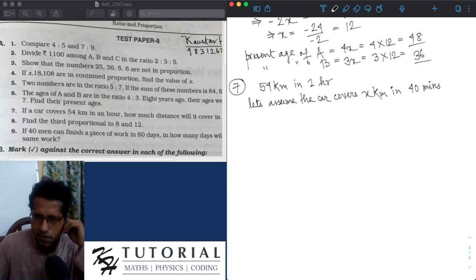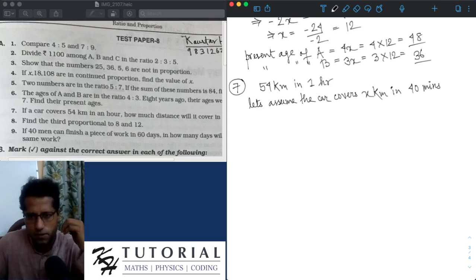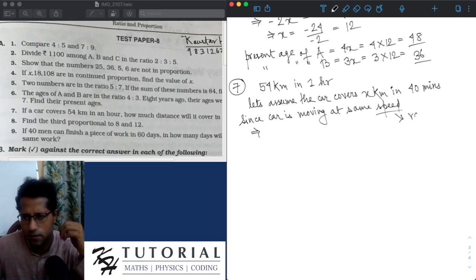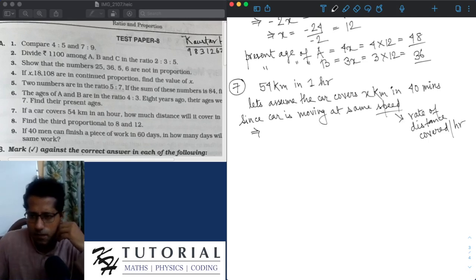Since the car is moving at the same speed, this implies that speed, which means the rate of distance covered per hour, will always be the same.